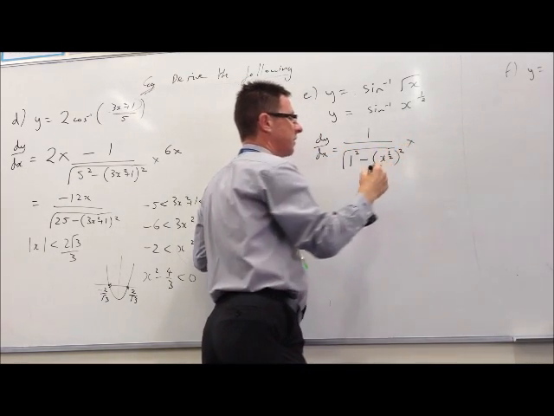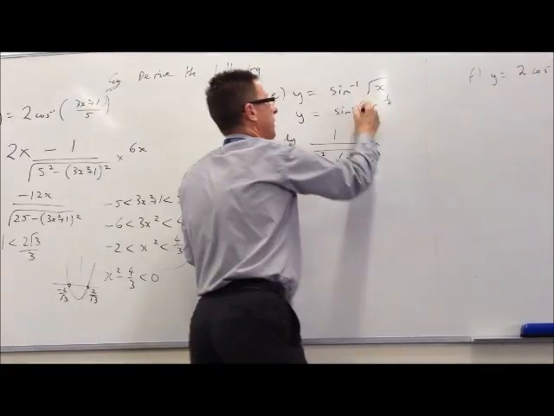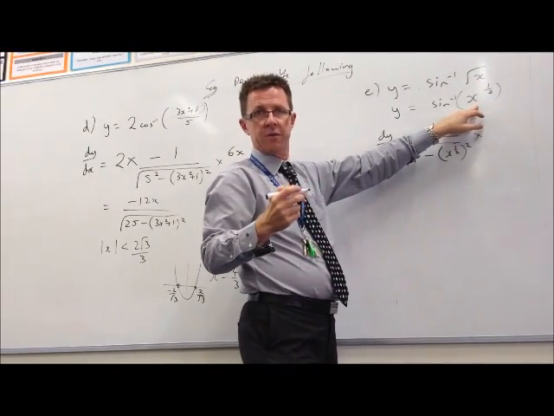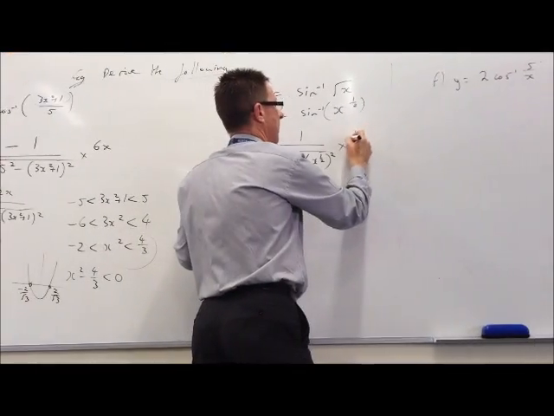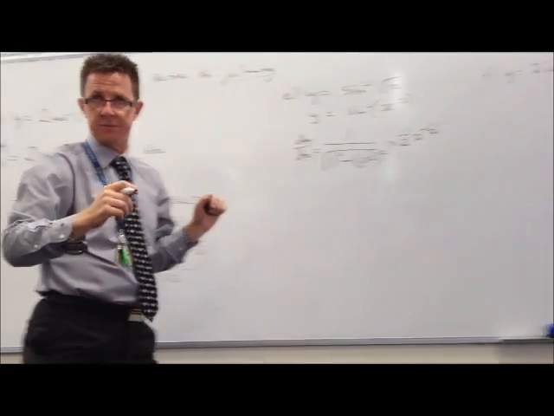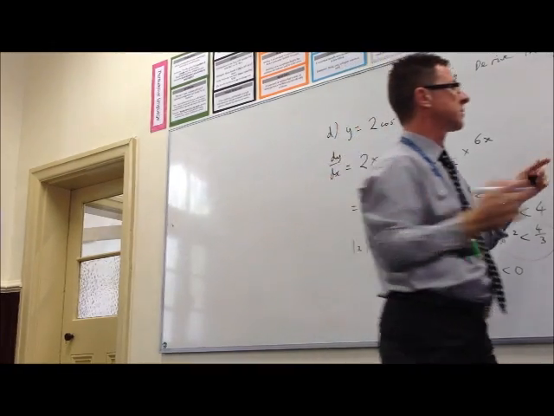You'll end up shortcutting these, but for now, whatever's in there comes in here. Then multiplied by the derivative of that, half x to the negative half. Yep. Tidy time.